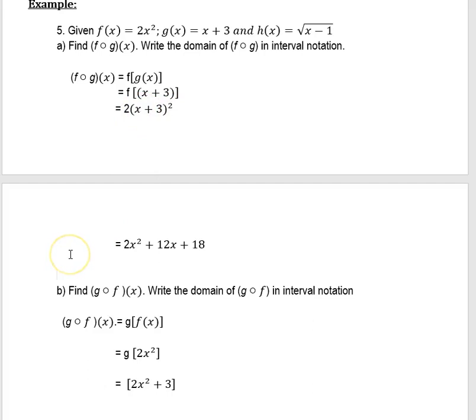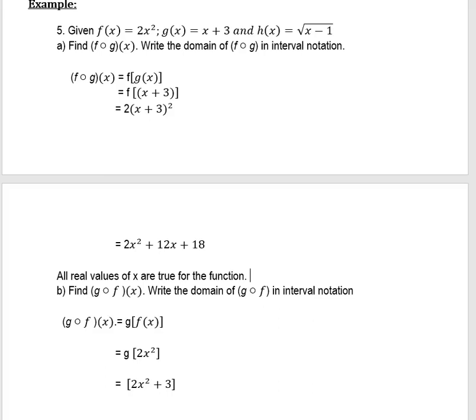So it means all values of x, all real values of x are true for the function.